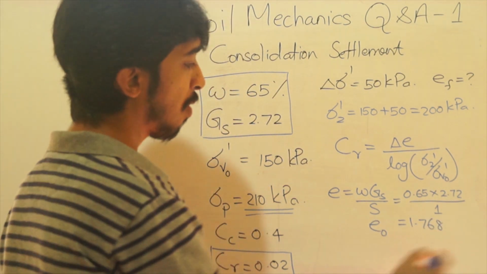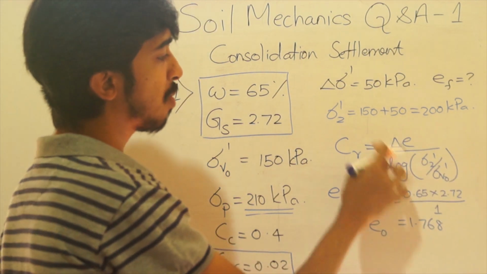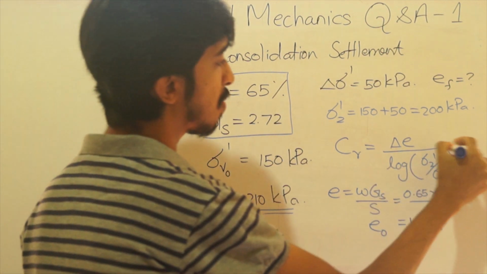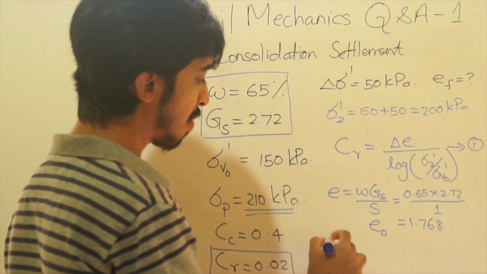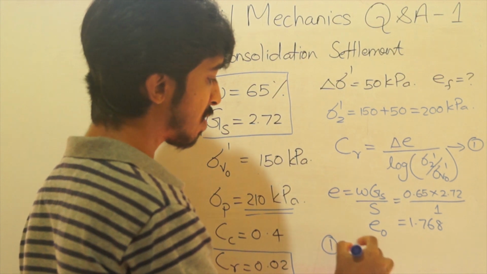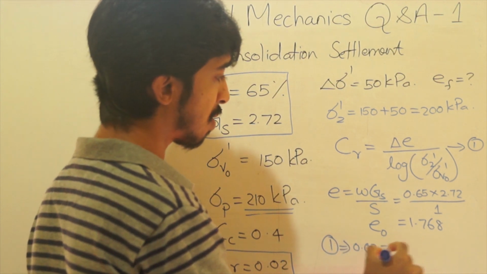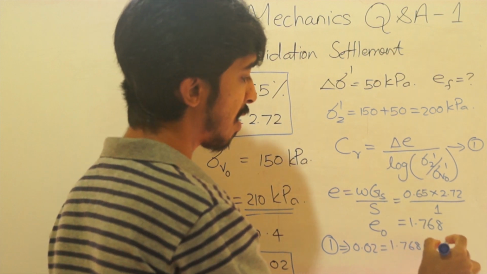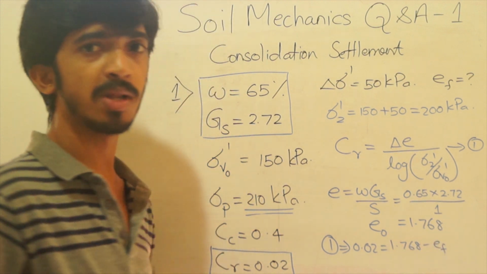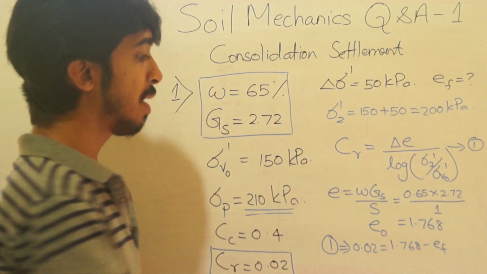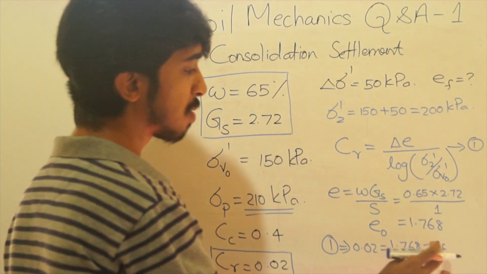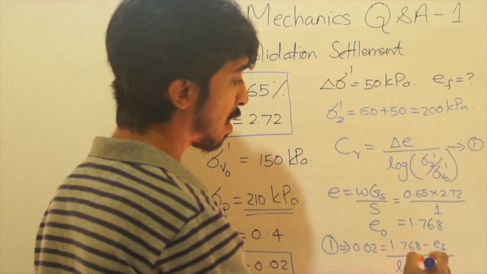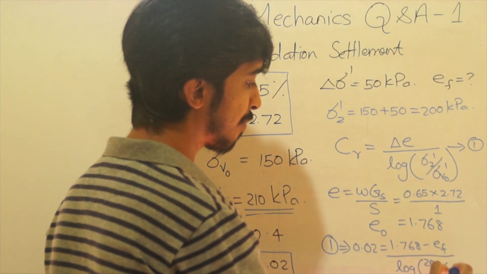So since we know e naught, we can simply substitute into equation 1. So from equation 1 we get 0.02 is equal to the change in void ratio, 1.768 minus EF, the final void ratio. Since the soil is getting compressed, the void ratio will be reducing, so this would be lesser, over log of 200 over 150.